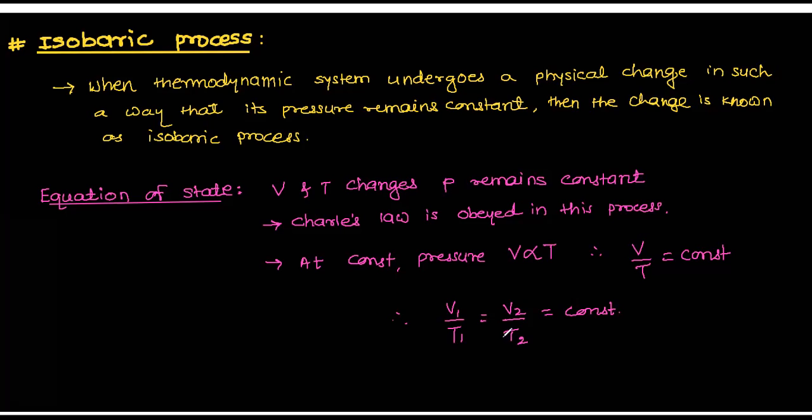Right. Let's move ahead. Now, next one. What is the indicator diagram for this? Indicator diagram means what? The diagram which indicates what is going to change in the particular process.